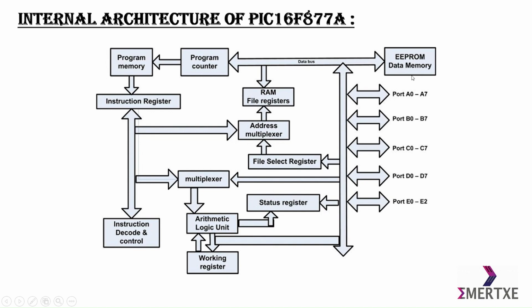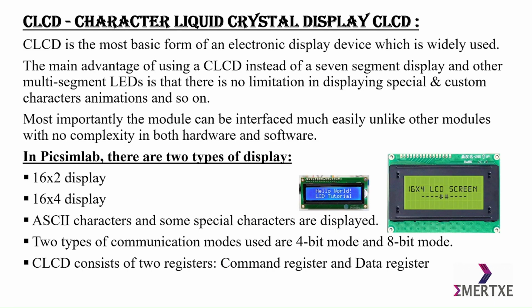While coming to the CLCD, meaning character liquid crystal display. CLCD is the most basic form of an electronic display device which is widely used. The main advantage of using a CLCD instead of a 7-segment display and other multi-segment LEDs is that there is no limitation in displaying special and custom characters, animation, and so on.